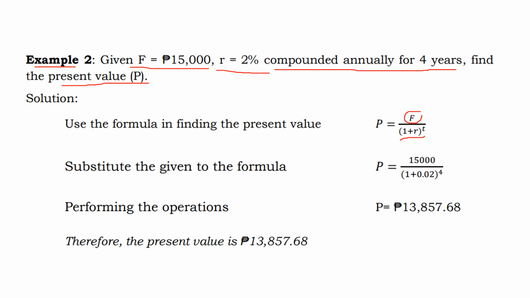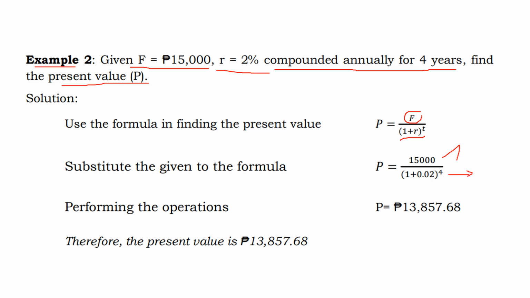So then, since there are values being given on this one for your F, for your R, and T, we just simply substitute the given values to your given formula. And it becomes 15,000 pesos over 1 plus 0.02 raised to 4.